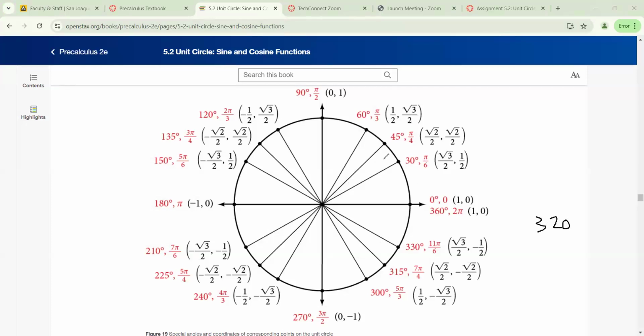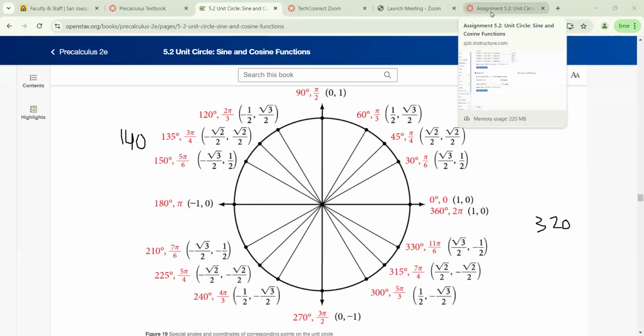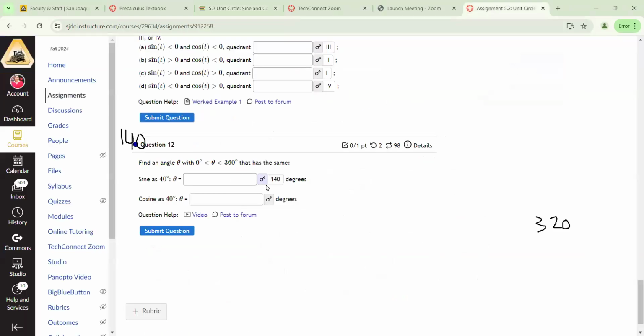And for sine 40, sine is the y value, that's going to stay positive in the second quadrant. So in the second quadrant, 40 above this, that will be 140 degrees for the sine. 40 degrees below 180. So those two numbers should go in there, 320 and 140. Okay. So that was number 12.